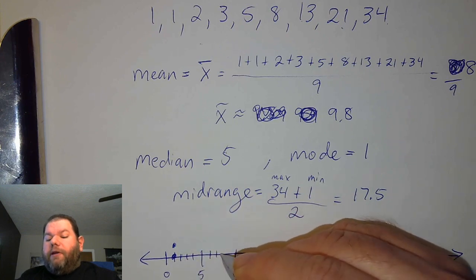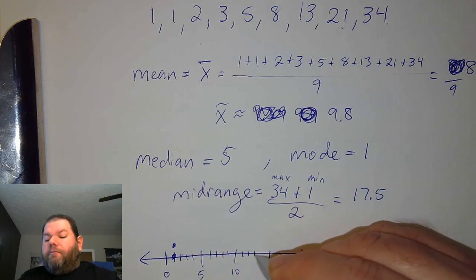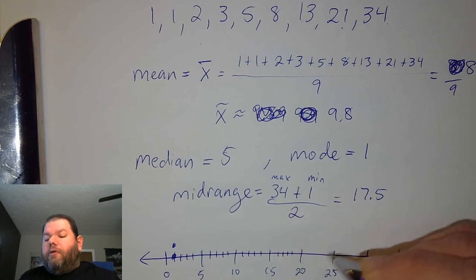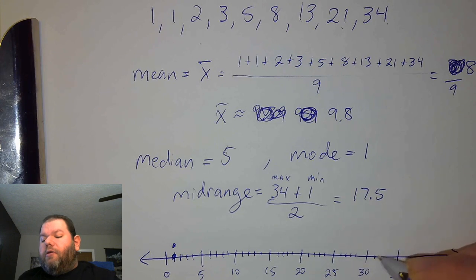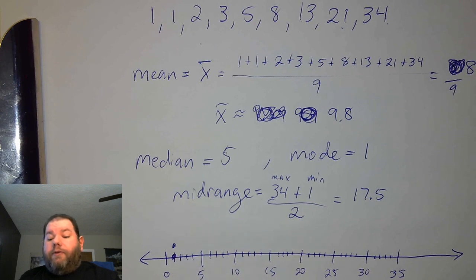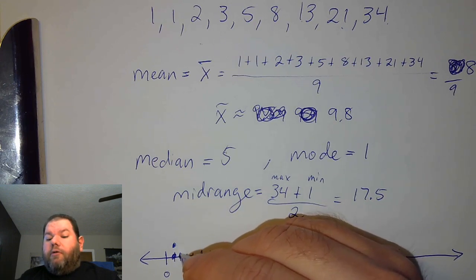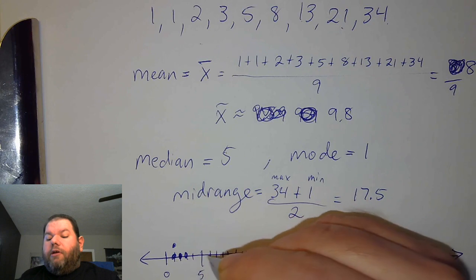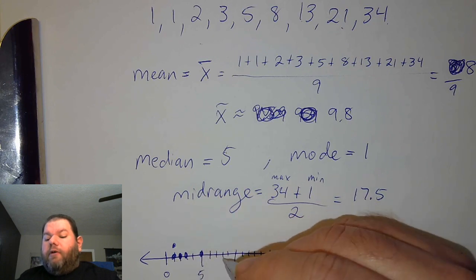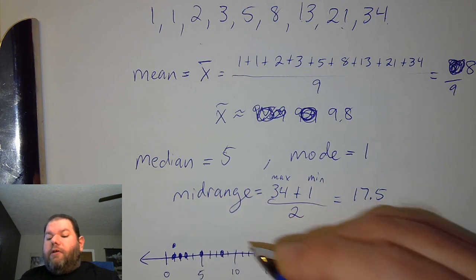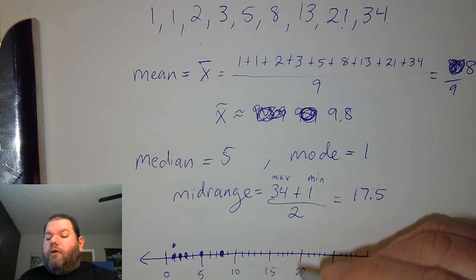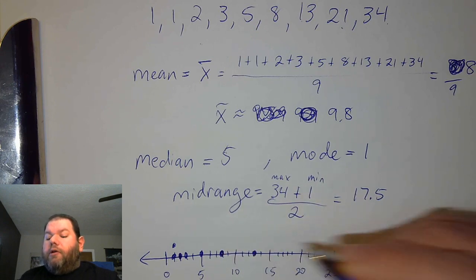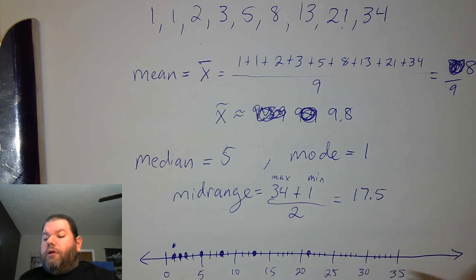I should finish making my marks here, sorry. And so our data values are at 1, and we have 2 of those. Then we have 2, and we have 3, and 5, we have 8, 13, 21, and 34.